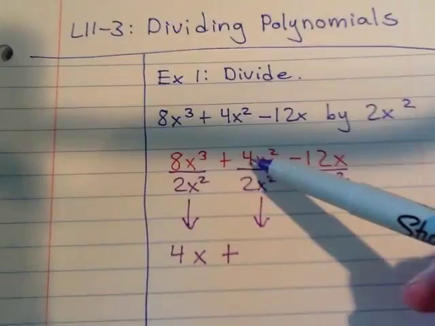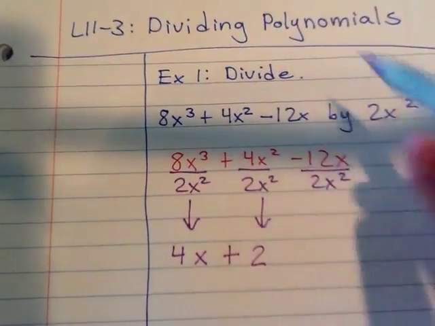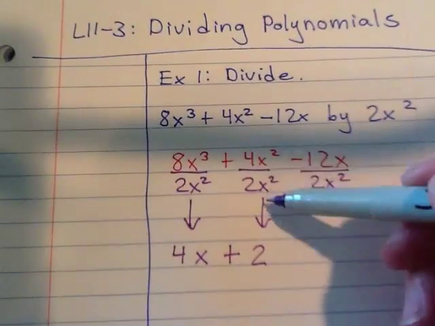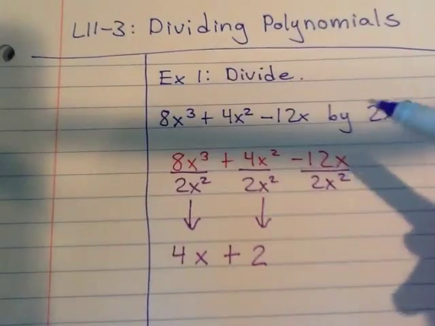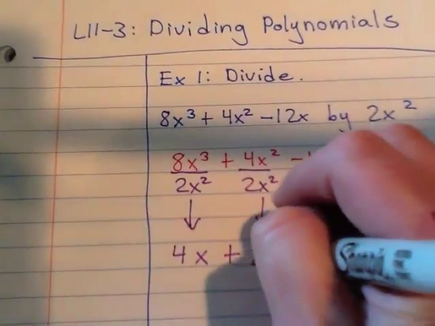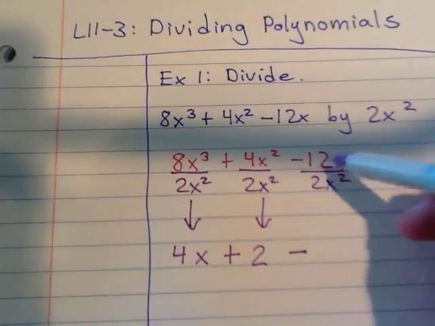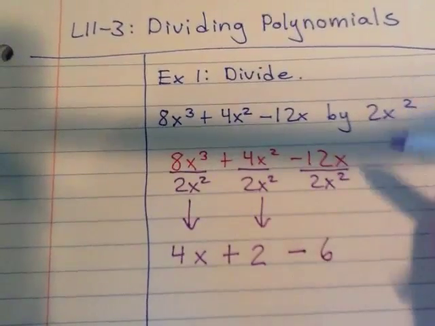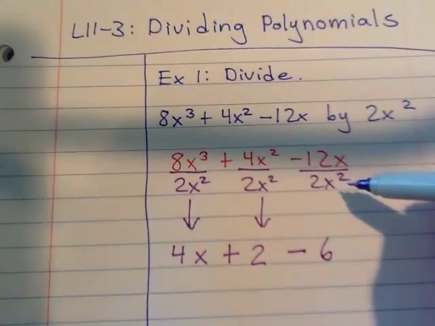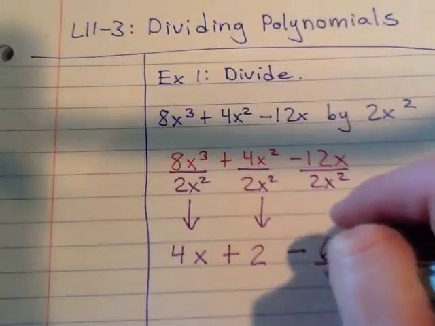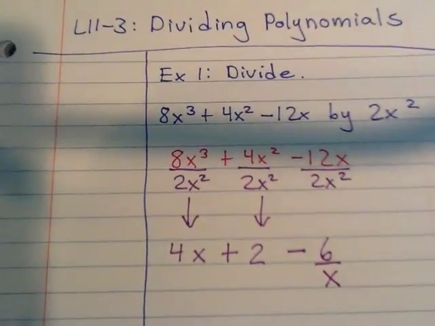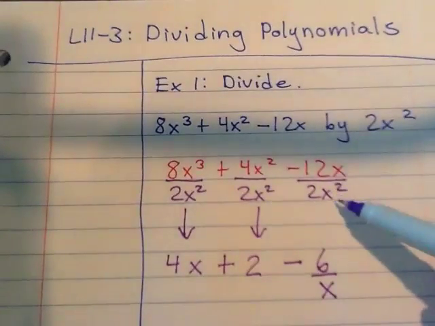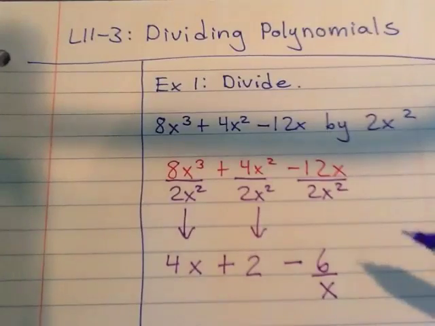2 simplifies to 1 and 4 simplifies to 2. We have x squared, so they just become a 1, and they're gone. Bring down my subtraction sign. 2 goes into 12 6 times, and then I'm actually going to have an x left over underneath in a fraction, because there was 1 in the numerator and then 2 in the denominator.